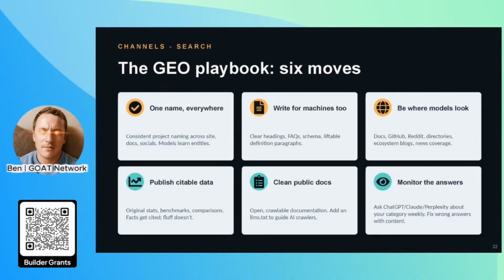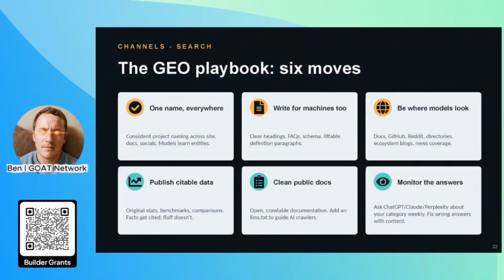Adding statistics, concrete verifiable numbers, that's plus 32%. Adding source citations, that's plus 30. And one finding worth noting: keyword stuffing performed worse than doing nothing. Using too many keywords actually performs worse than not incorporating keywords at all.